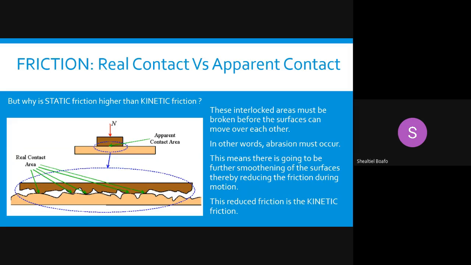There has been further smoothing, and the area of contact has increased. Therefore, pressure has reduced, meaning the bonding between the two surfaces has become weaker. So the surfaces are now in motion, and therefore kinetic friction.